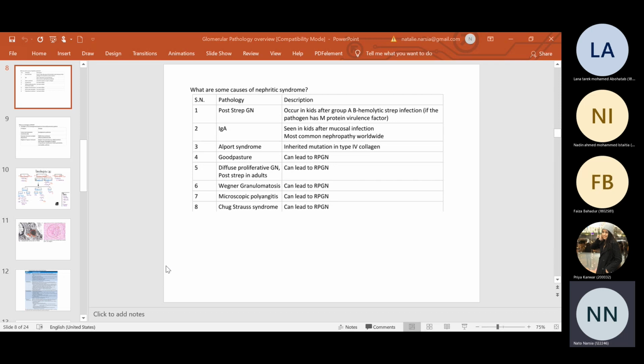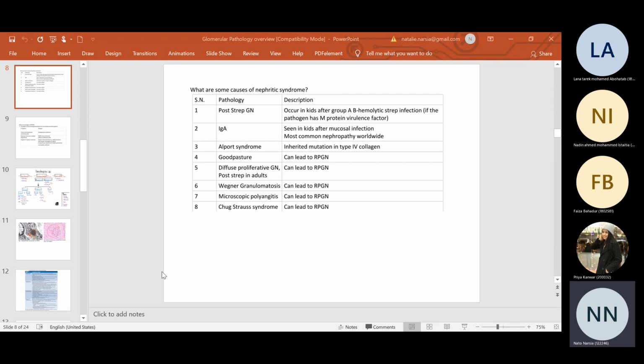And why? You have immune complexes there, but it is an immunoglobulin A complex, okay? That is important here, pay attention. Immunoglobulin A nephropathy, common cause of nephropathy worldwide, and I will give you a hint now of what you need to know when we are talking about this glomerulonephritis.